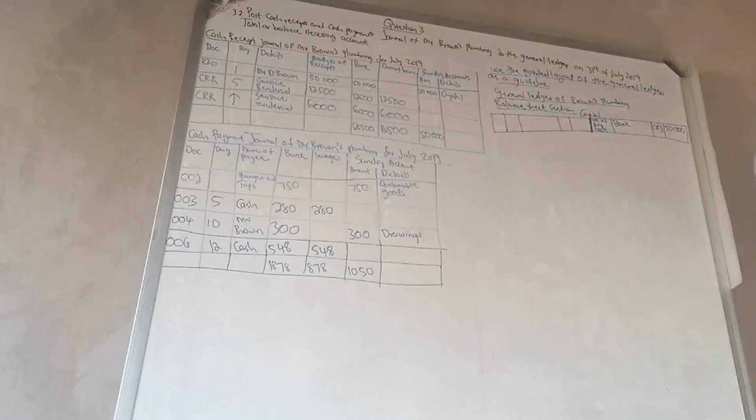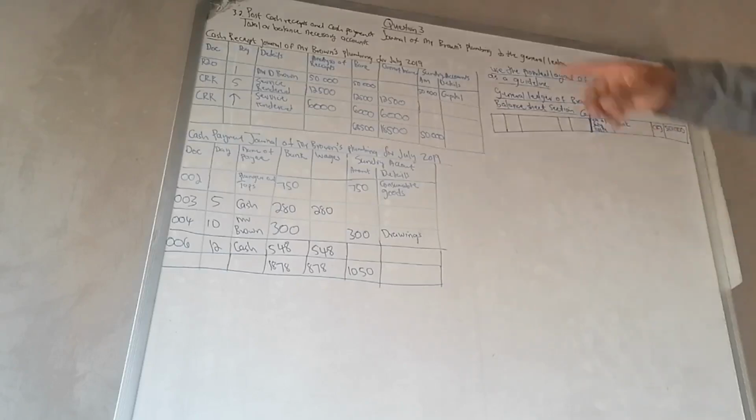Yeah, 50,000. Based on what you have learned thus far, how do you get capital? It is capital. This 50,000 was deposited for what reason?